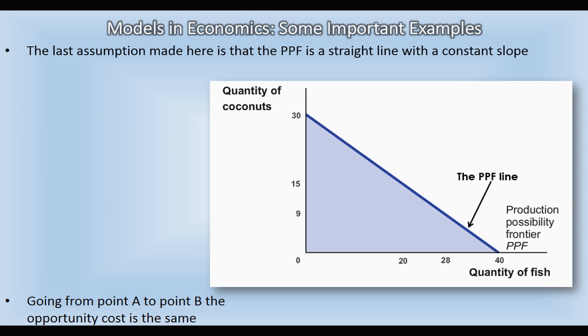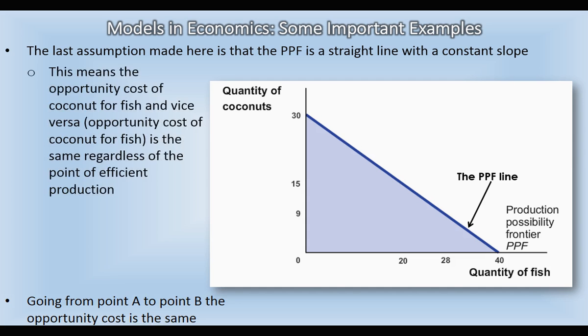Whenever you have a straight line on a graph, that means you have a constant slope, so the change in y with respect to the change in x, the rise over the run, is constant along this line. But if the curve is curved out for whatever reason, then the slope is changing as you move along it.